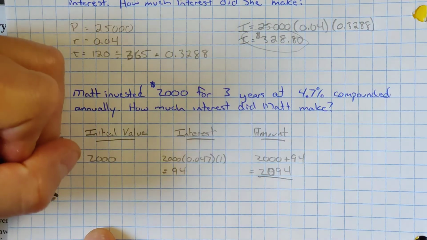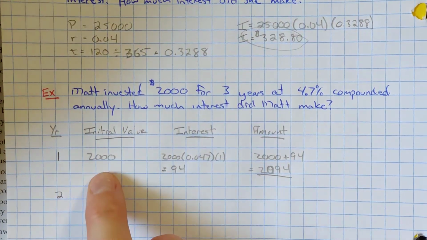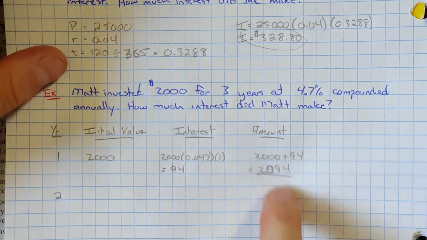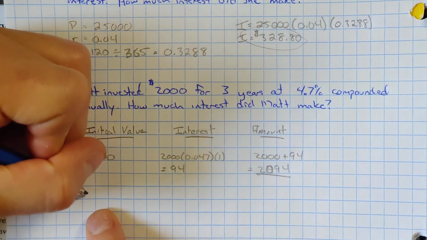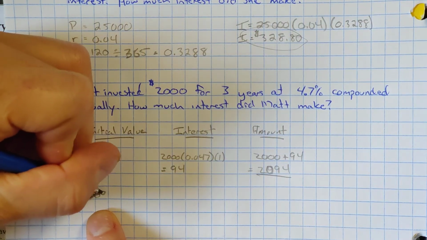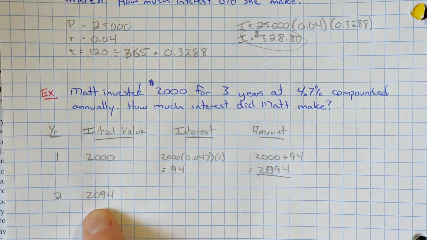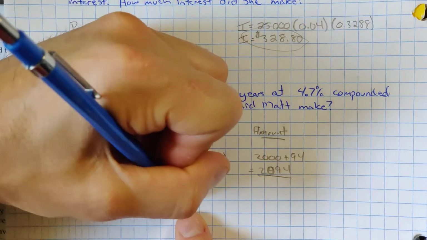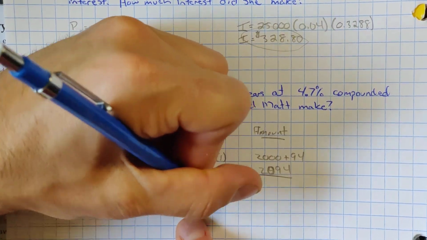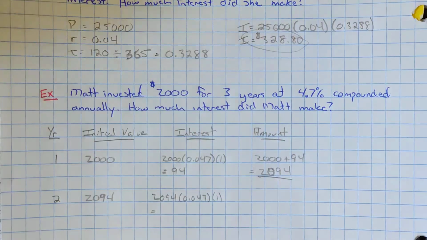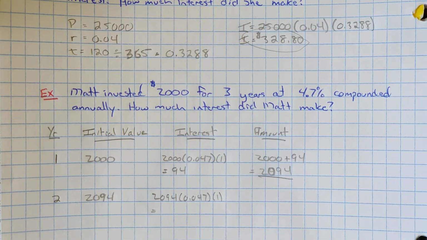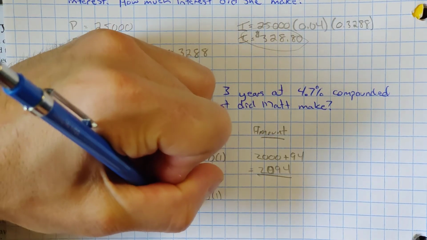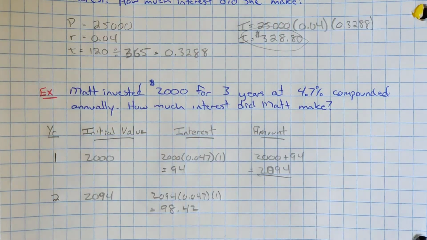Now the next year, because we're compounding, we're not going to just pay another 94 and then another 94. That would be simple interest. Compound interest takes this value here and puts it in. So now 2,094 is his initial value. And so we have 2,094 times 0.047 times the 1. And when we calculate that, we make 98.42 if we round it.